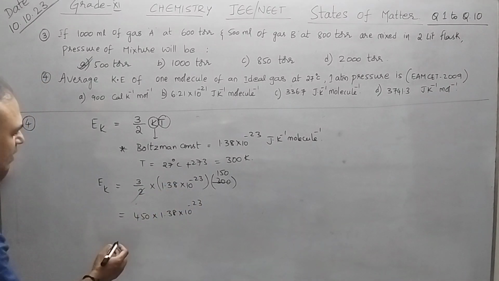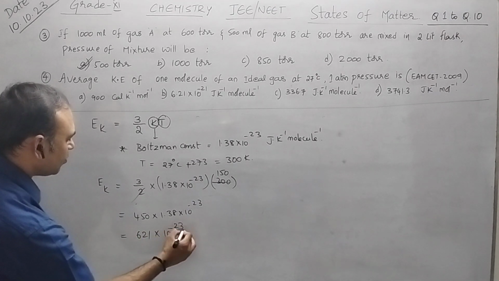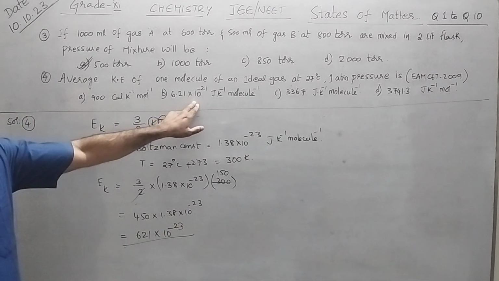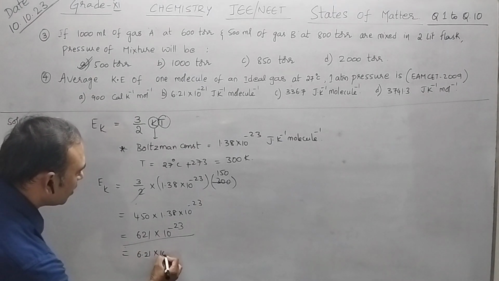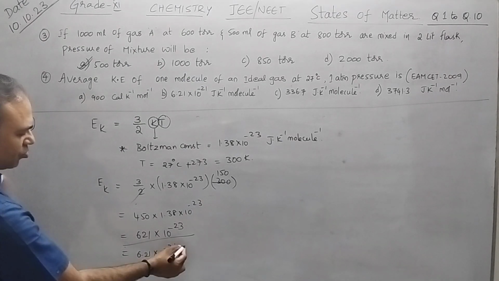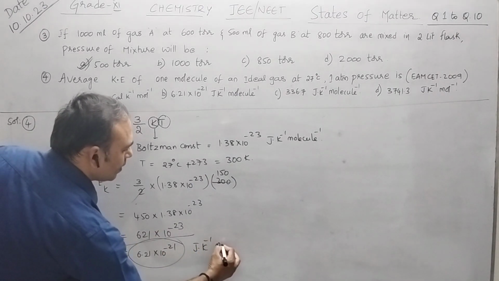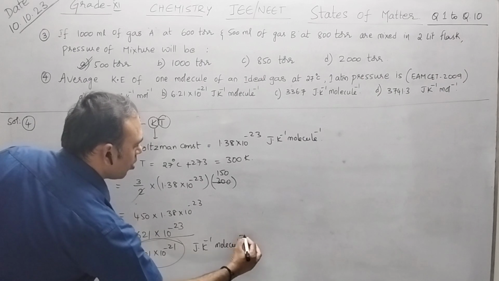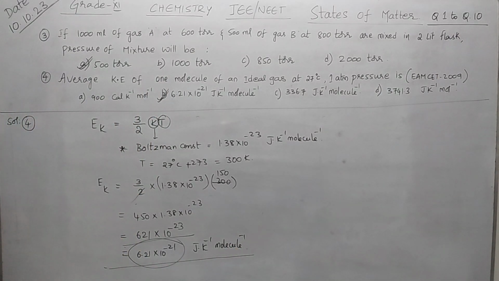I have calculated this earlier, so I got 621 into 10 power minus 23, but here it is in 10 power minus 21. So converting that, I get 6.21 into 10 to the power of minus 21 joule per Kelvin per molecule. So the answer is B. Copy down the solution and let's move to question number 5.